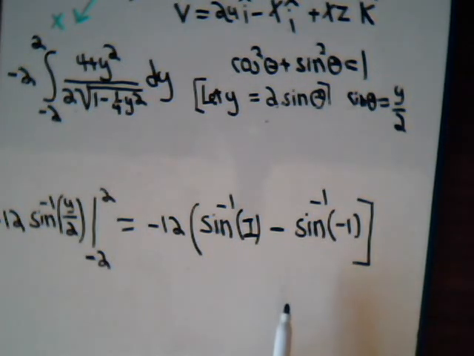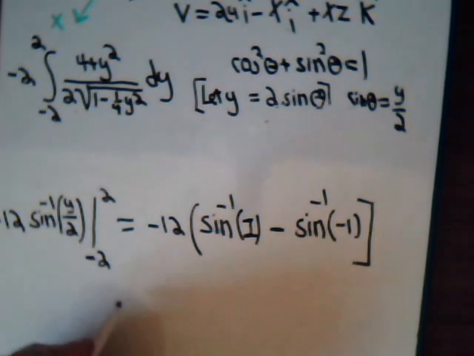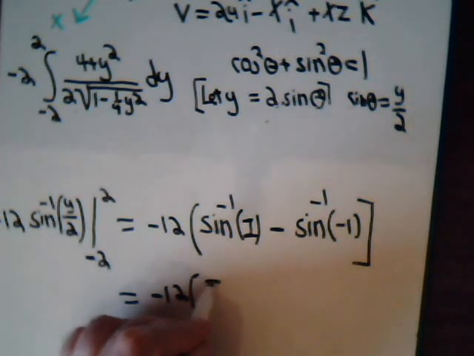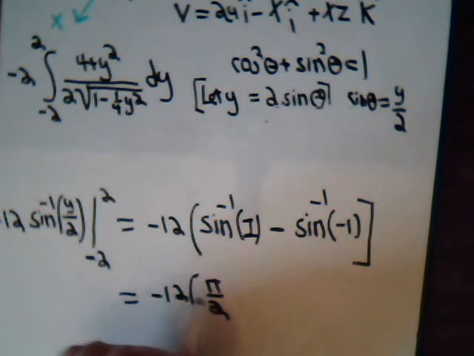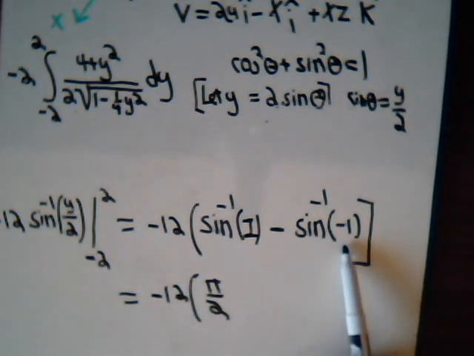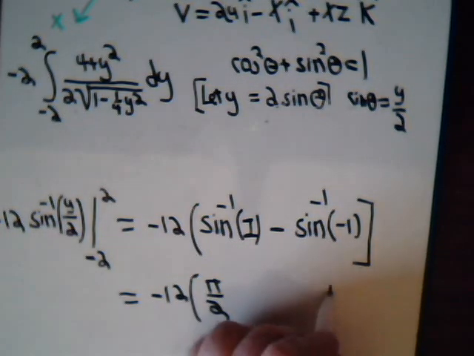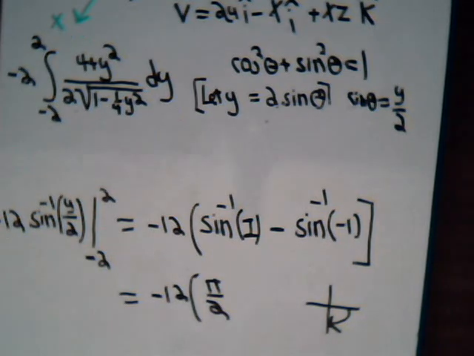So the sine of what angle is 1? That's 90 degrees, or pi over 2. So you have minus 12 times pi over 2. And the inverse sine of negative 1 would be minus 90 degrees, or minus pi over 2.